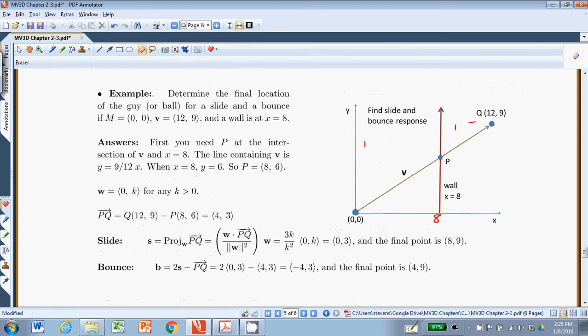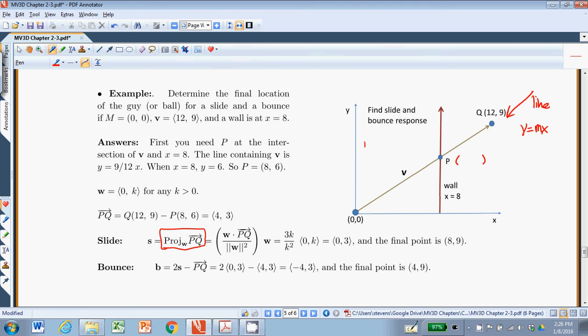The first thing I need to do, right, if I want that slide vector, I have this projection of PQ onto W. So I certainly need P. And ask yourself, what is P? What is that point? I really need that point. Well, if you look at this line, the line that this vector sits on, and there's any number of ways to do this.